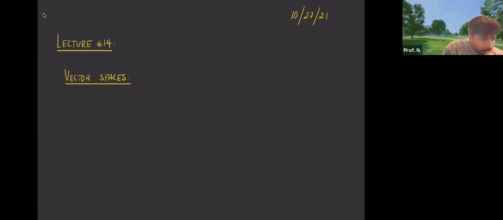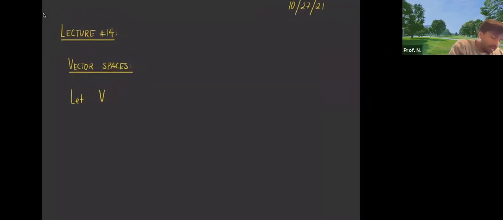Well, let's begin by saying let V. So we're going to be using a lot of notation, a lot of variables, a lot of different letters. So let V be an arbitrary non-empty set.